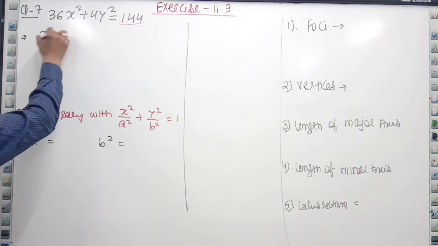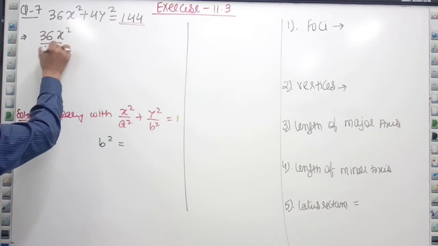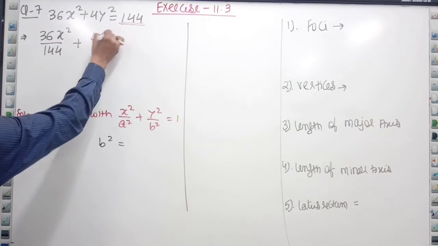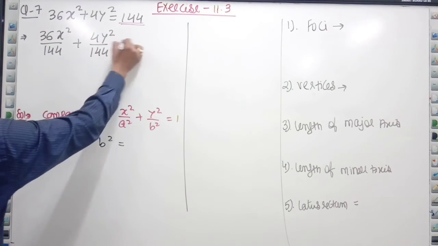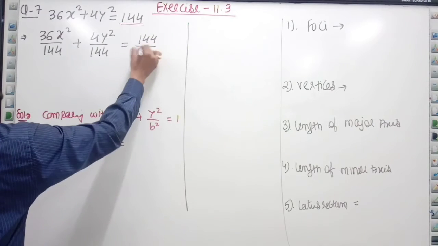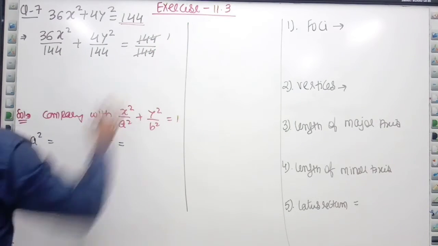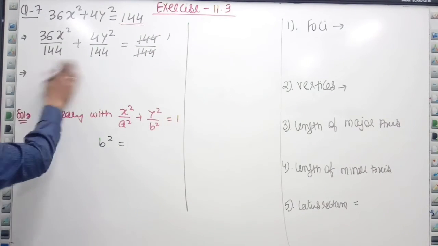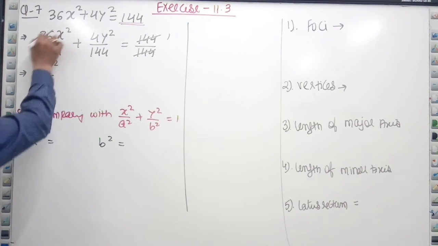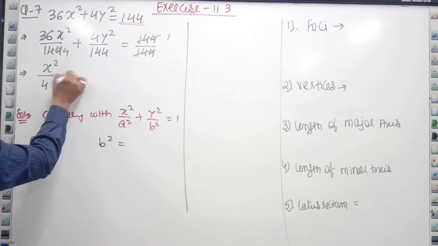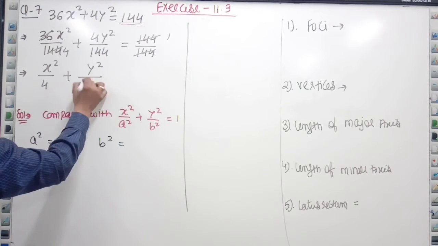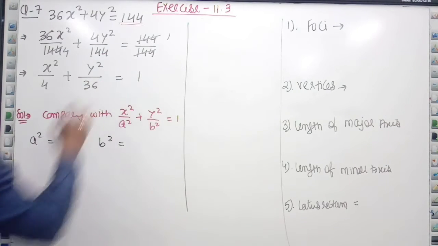I am dividing by 144 both sides. So the right hand side value will be 1, and this is x square upon 4 plus y square upon 36 is equal to 1.